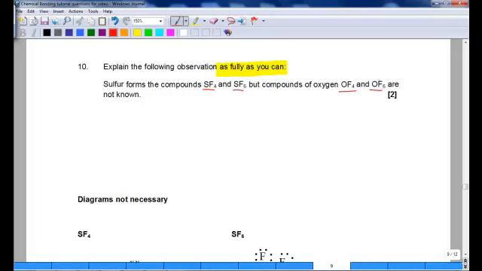So firstly, if you see such questions, very simple. Look at the difference between the two comparisons. You have a sulfur atom versus an oxygen atom because the F4 is the same. So we just look at sulfur and oxygen. S is from period 3, O is from period 2.